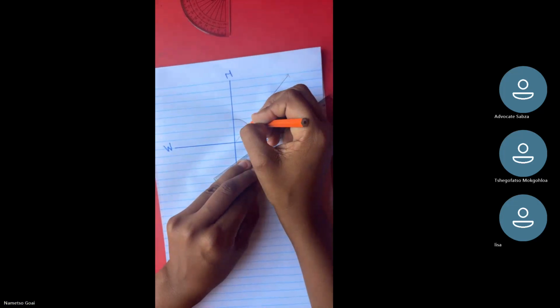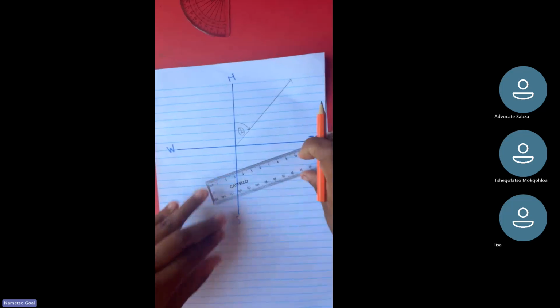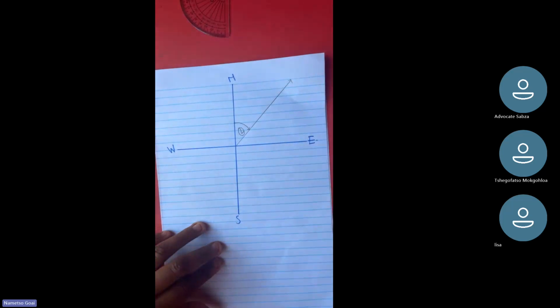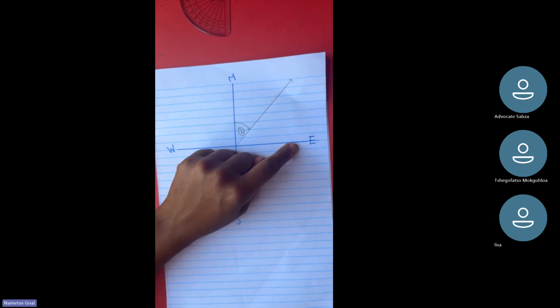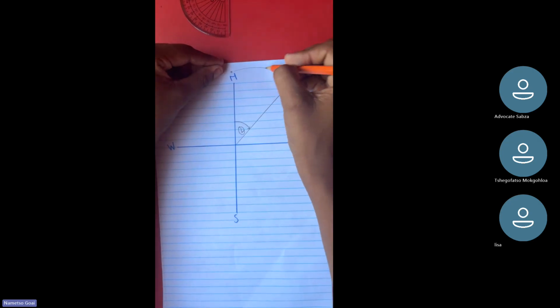Let's call it theta. When you look at this theta, you are moving from the north, going where? Going to the east. Do you guys understand that? Like you're moving from this north pole, going where? Going to the east.